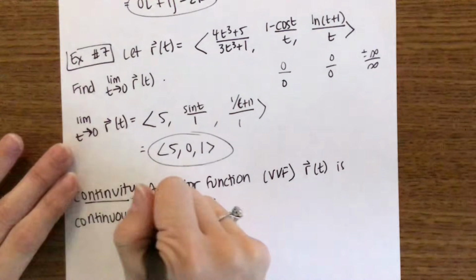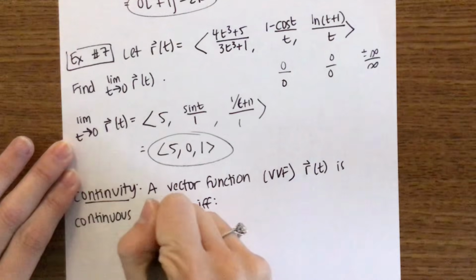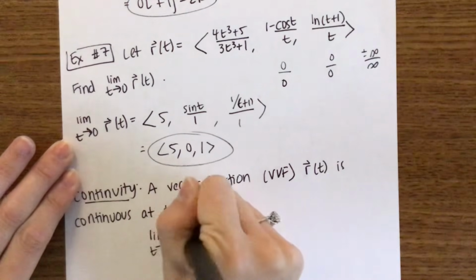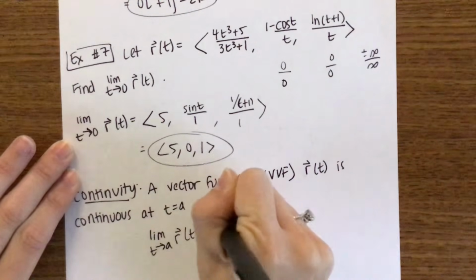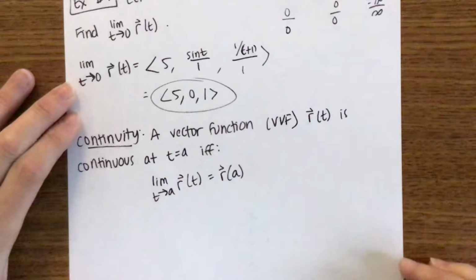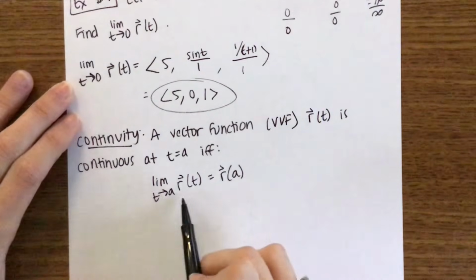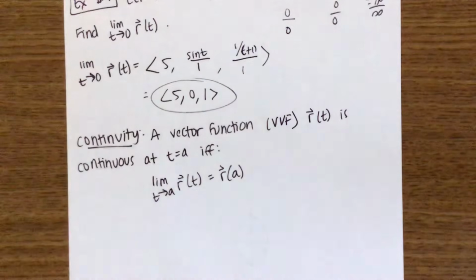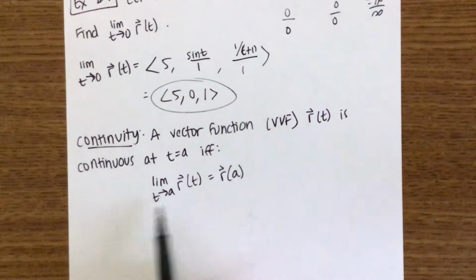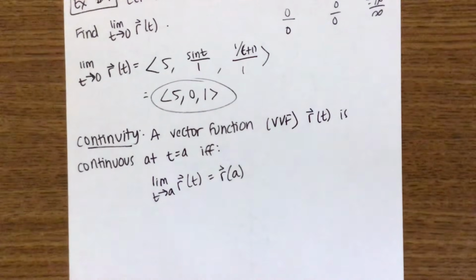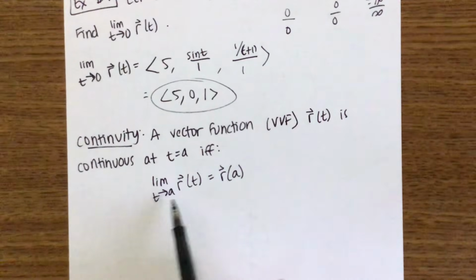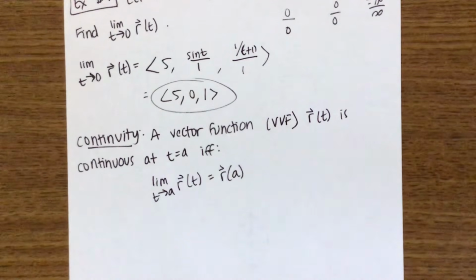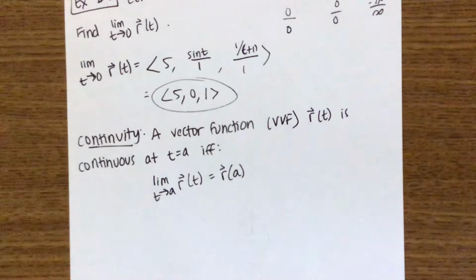Yes. I'm going to write it differently. If the limit as t approaches a of r of t is equal to r of a. So Alex was saying as the limit as t approaches a from the left and the right are the same, that means that the limit exists at that point. So that's the other way of writing it.